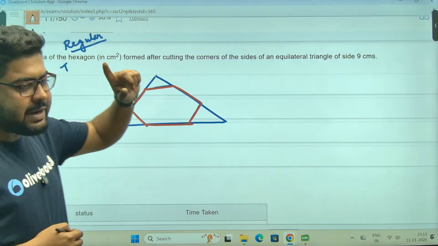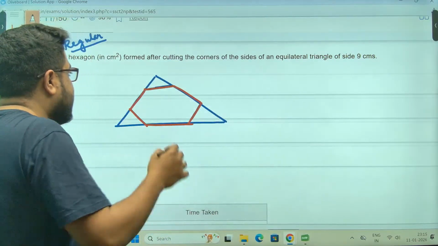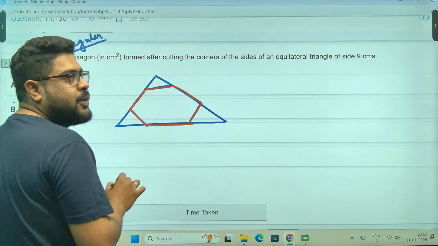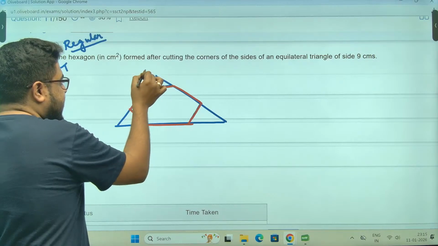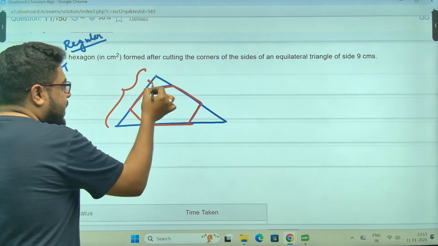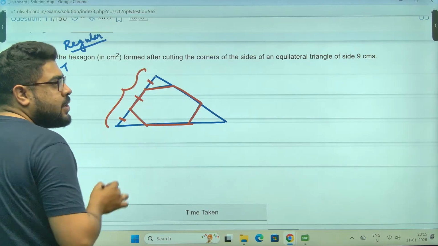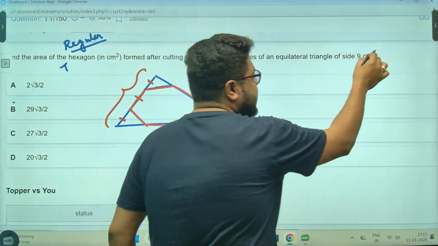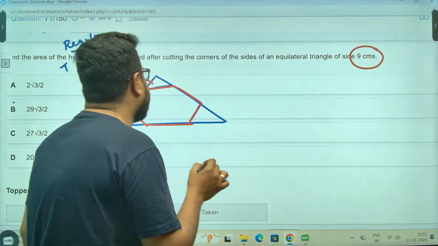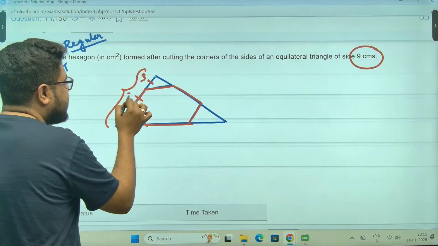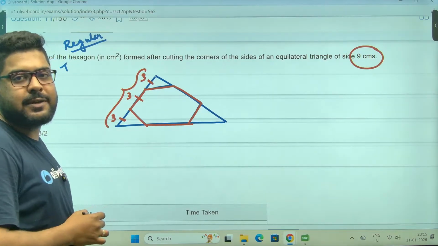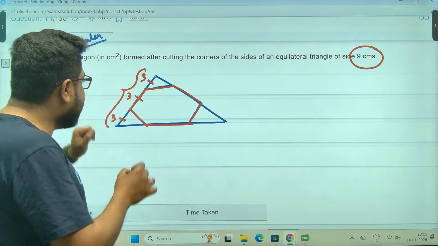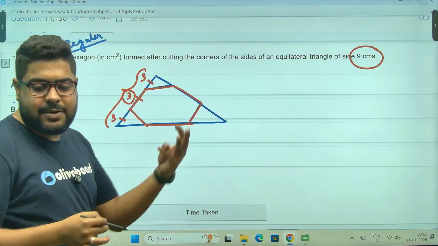Now remember one thing. Whenever we do this, this side, if you just take 1 part, 2 parts, 3 parts, all these 3 parts are always equal. And the side was given as 9. So I can simply say this is 3, this is 3, this is 3. So every side of my hexagon is equal to 3.